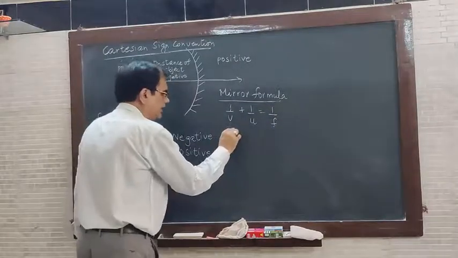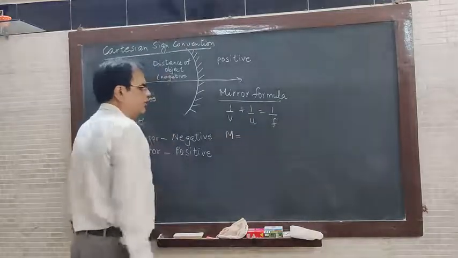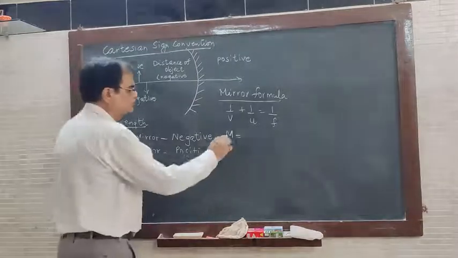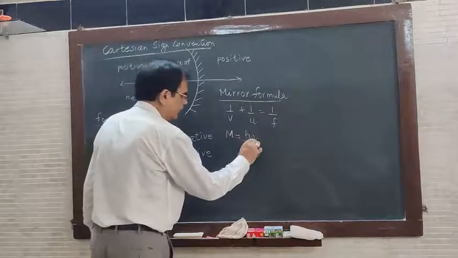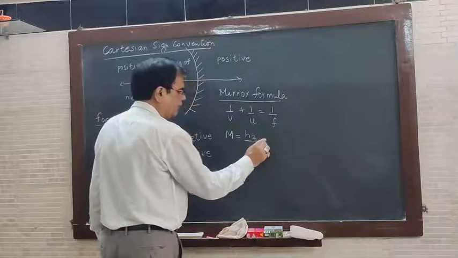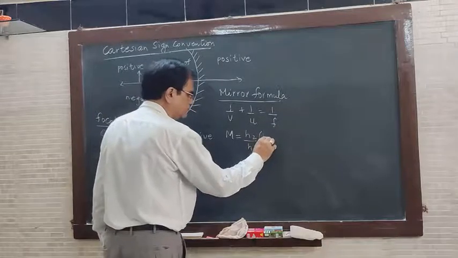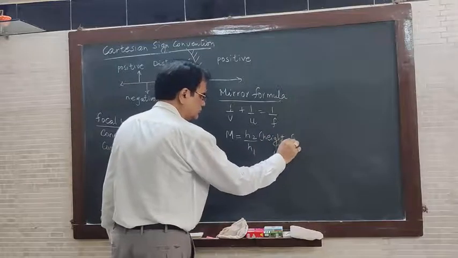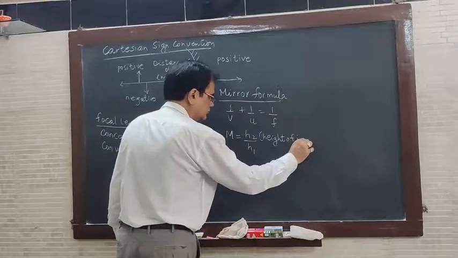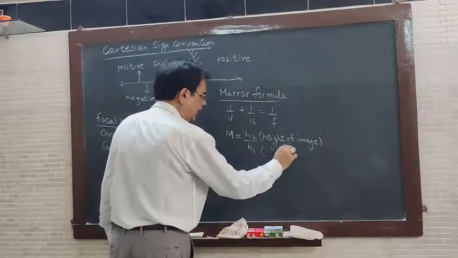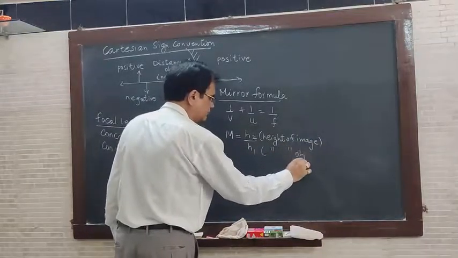If I want to find the magnification of the mirror, m is equal to h2 upon h1, that is height of image upon height of object.